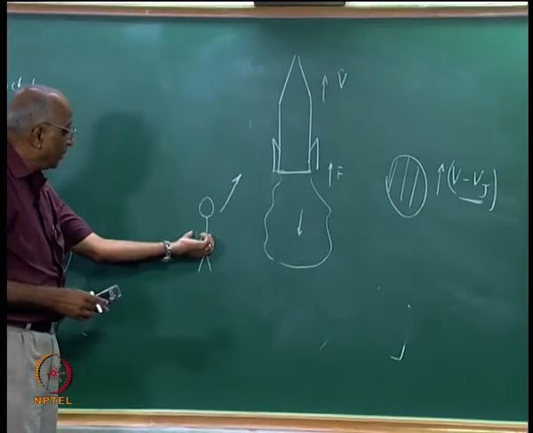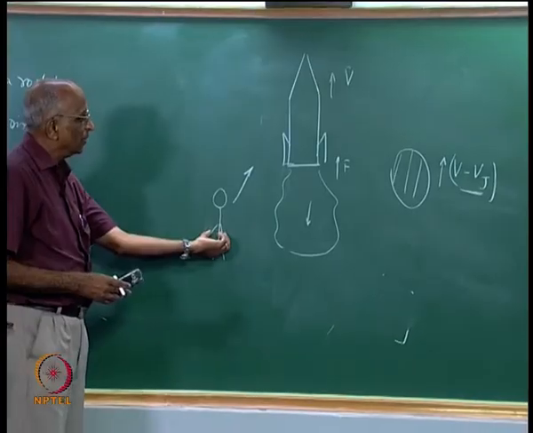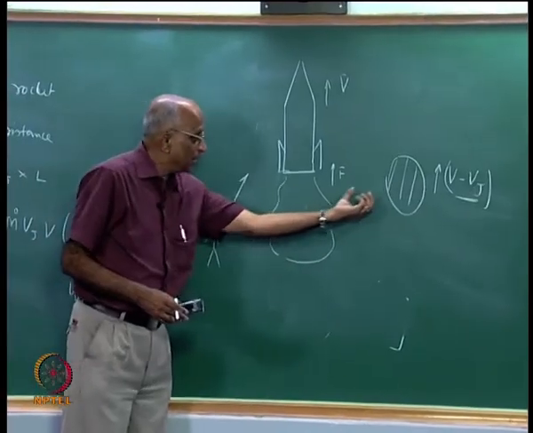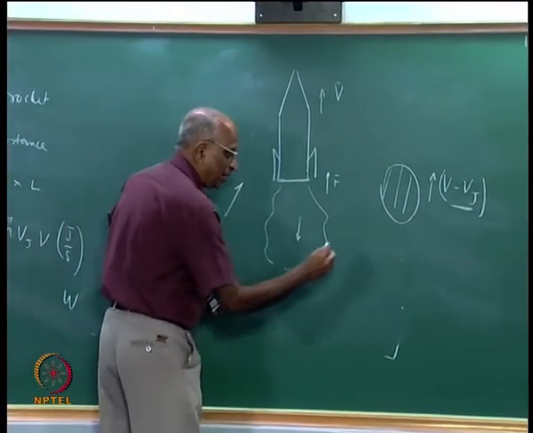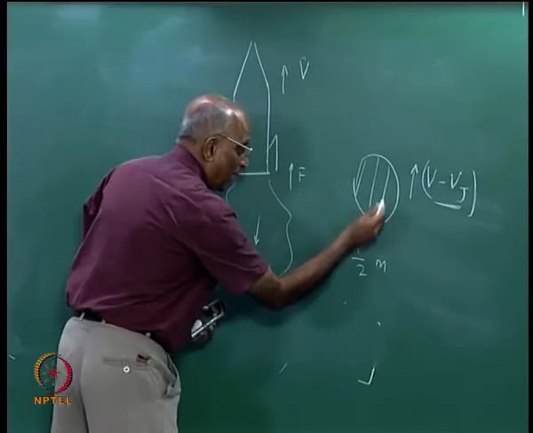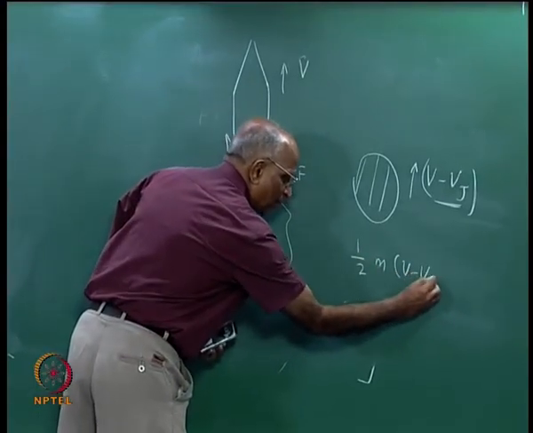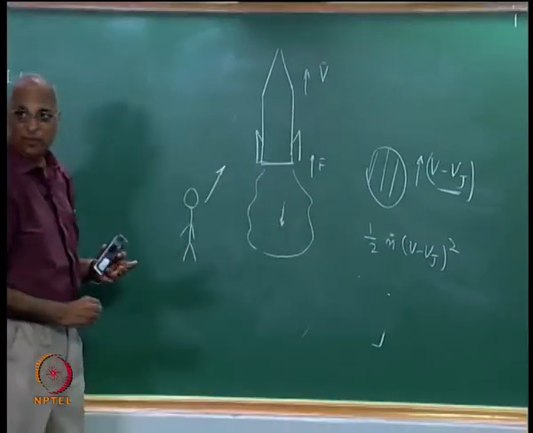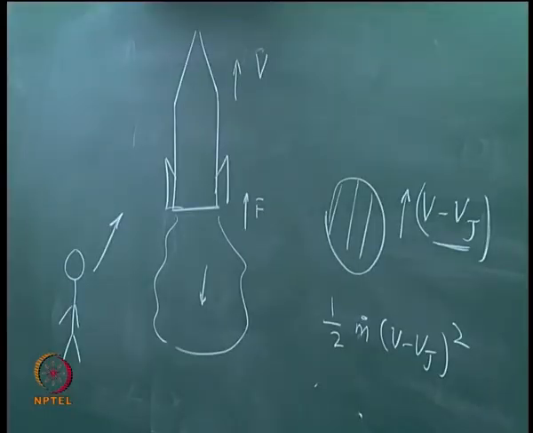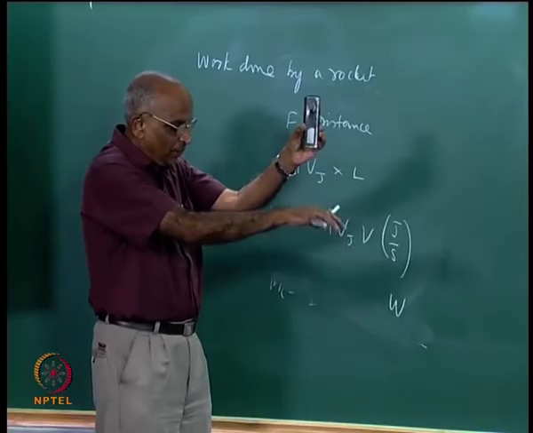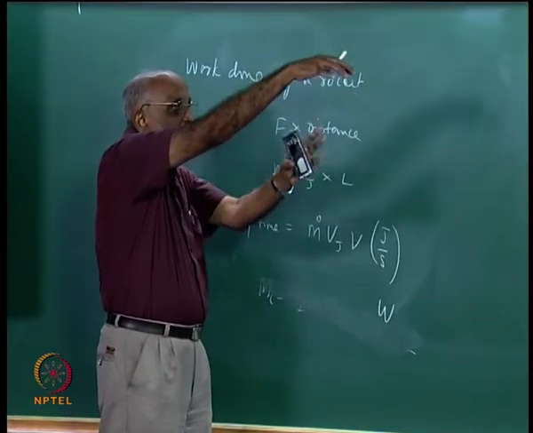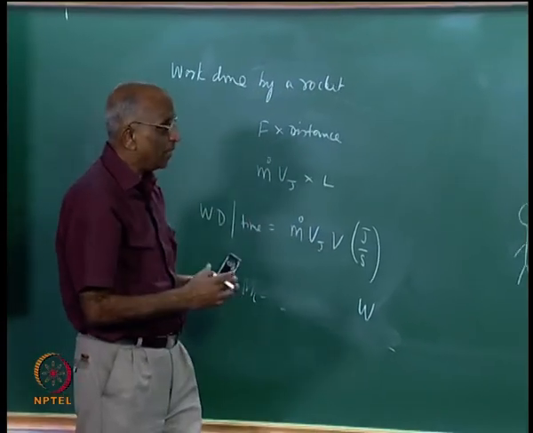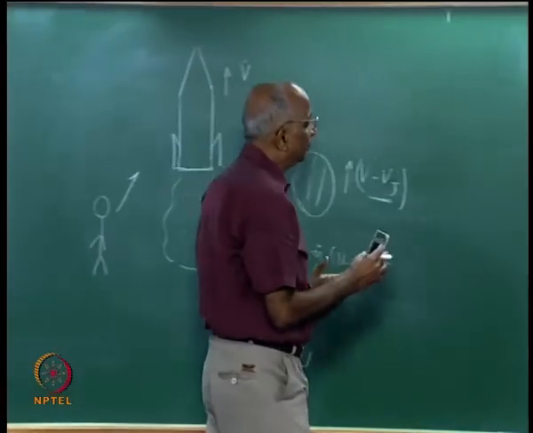And what do I see? I, in the inertial frame of reference, look at the work done by the rocket per unit time, but I also see that this is getting wasted, and what is my waste? That kinetic energy is getting wasted, half mass of this into v minus Vj square, or what is the rate at which I am seeing is half m dot into v minus Vj square, that is a waste. That means rocket is going up, this fellow is still following it up like this, and therefore this is a waste, it could have done much more job had it not got wasted, and therefore how will I put my propulsive efficiency together?